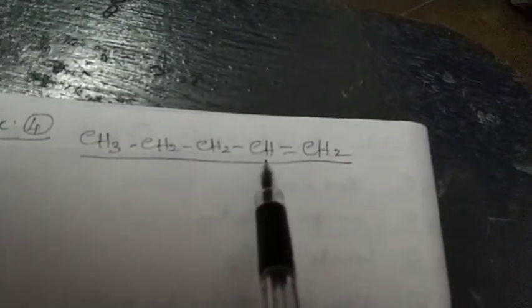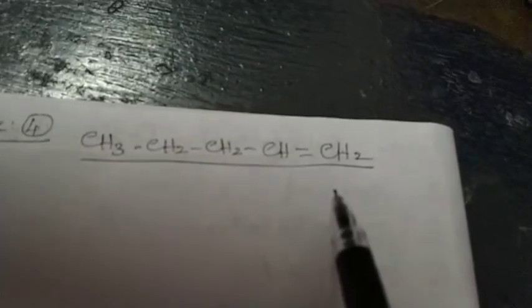Take this one: CH3, CH2, CH, double bond, CH2. First we have to find the root word. According to rule 1, there are 1, 2, 3, 4, 5 carbons, so the root word is pent.